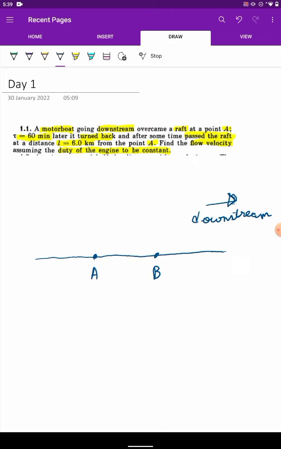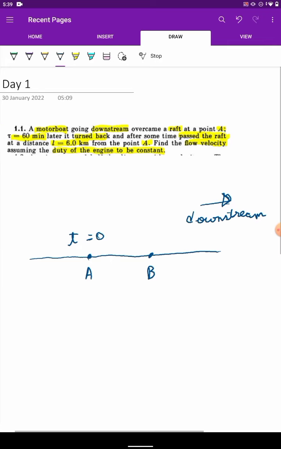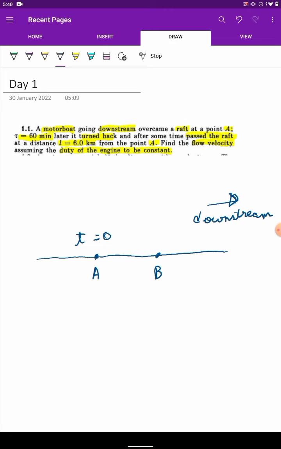So at t equal to 0, I'm using the notation t, they meet. The motorboat goes till point C and turns back. This is after an hour, so I'm writing it in hours directly: t equal to 1, everything is in hours now.